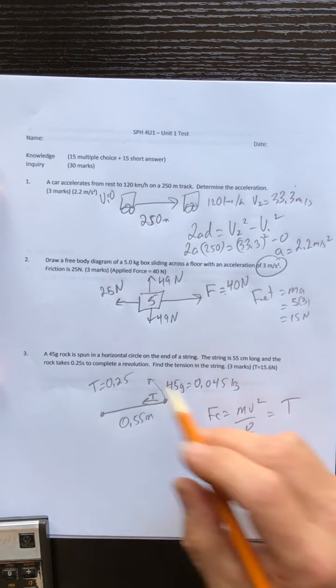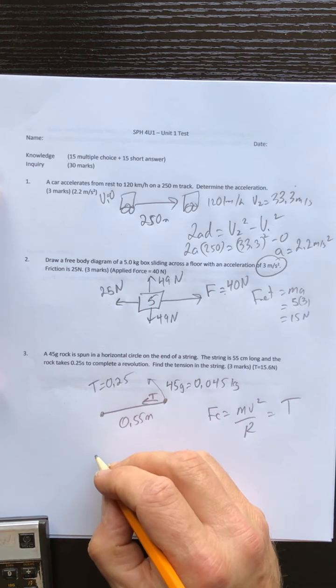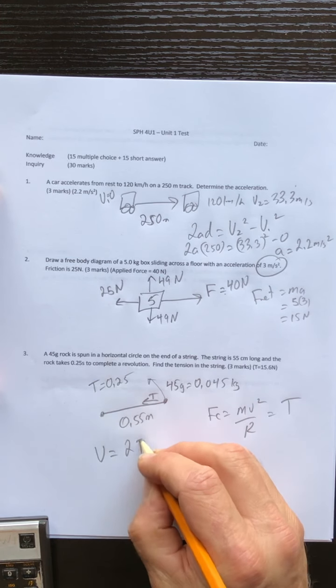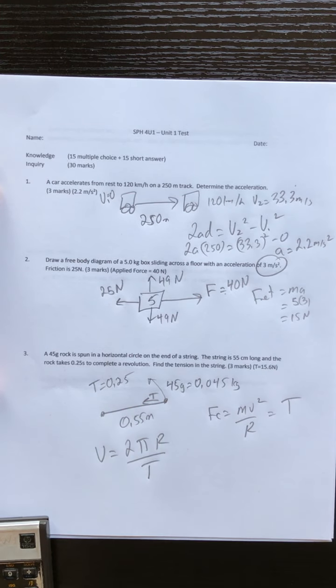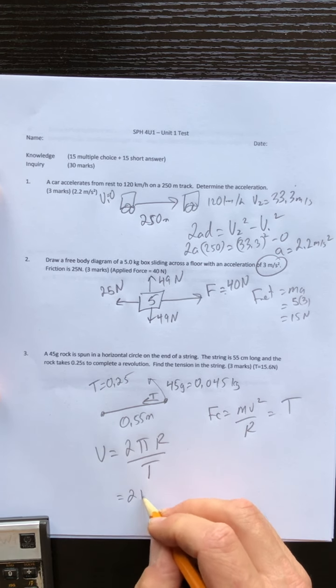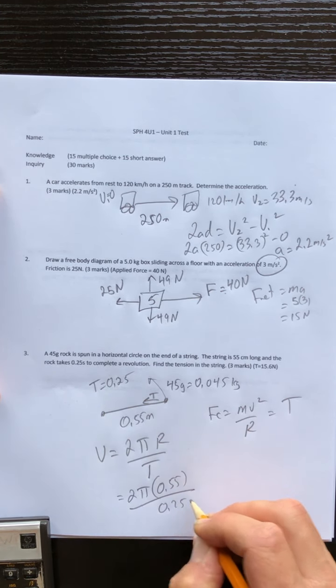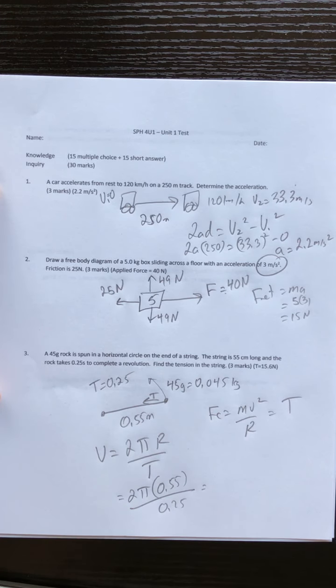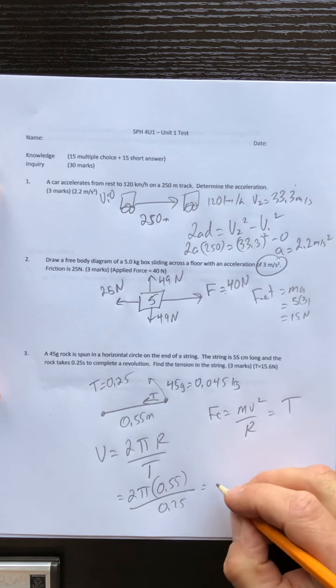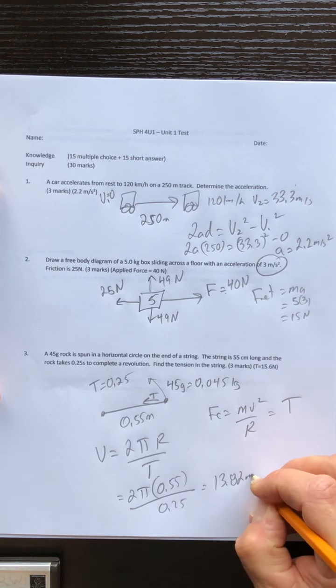But they didn't give you velocity, they gave you period, so you're going to have to go to your circle dynamics and say velocity equals the circumference divided by the time it takes to go around once, which would be 2 pi 0.55 over 0.25. It's going to give me 2 times pi times 0.55 divided by 0.25. I get 13.82 meters per second.